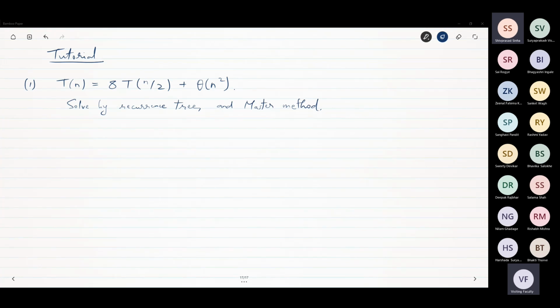Sir, it will be equal to theta of f of n. Theta of? Theta of n square. Do you have master theorem with you?